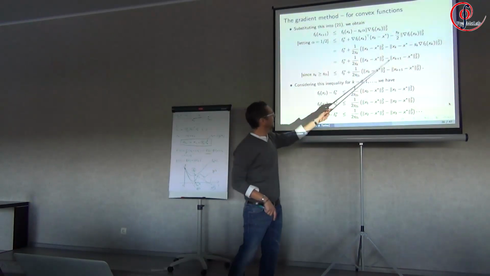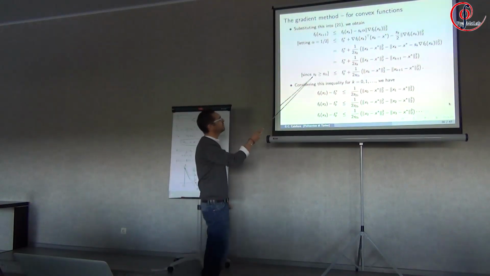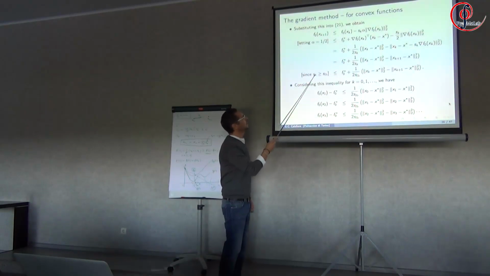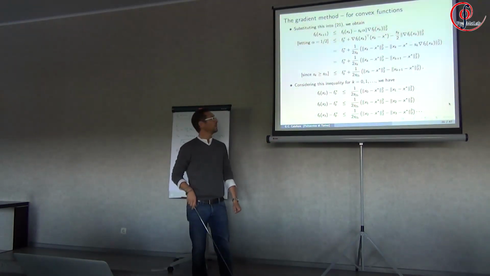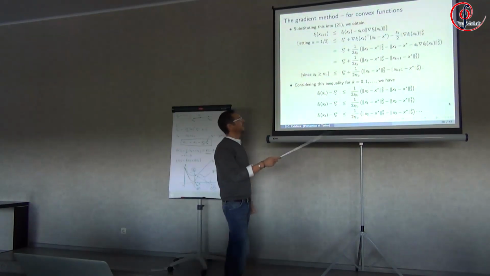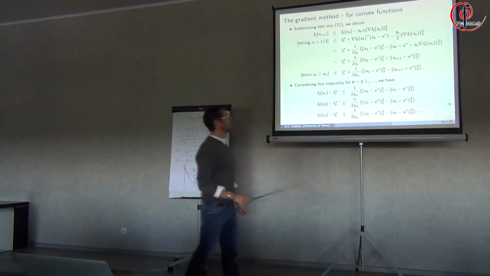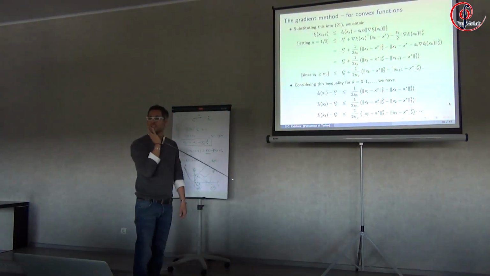And then you do some further manipulation. Then at a certain point you use the fact that by this backtracking that we are using, the step sizes are always larger than or equal to some lower bound. And then we finally get to this expression here, which is still not very revealing at this point.